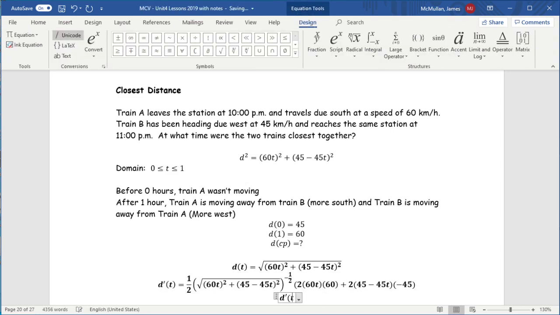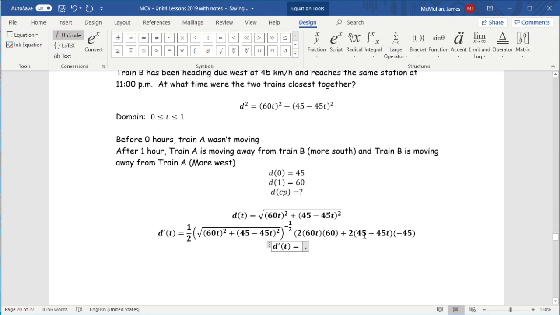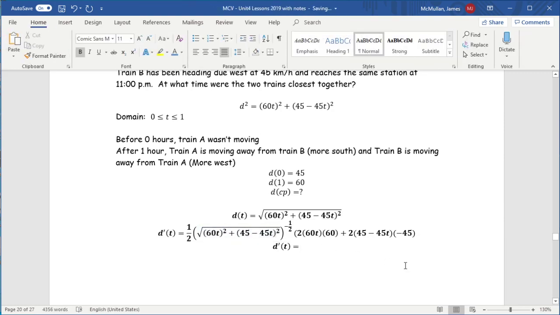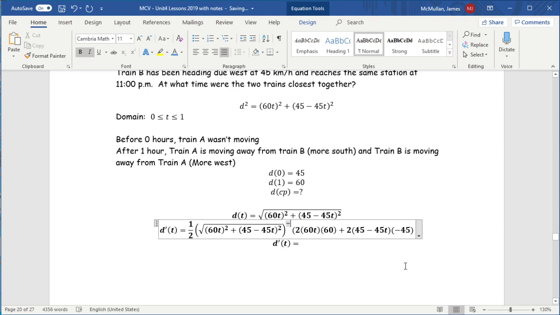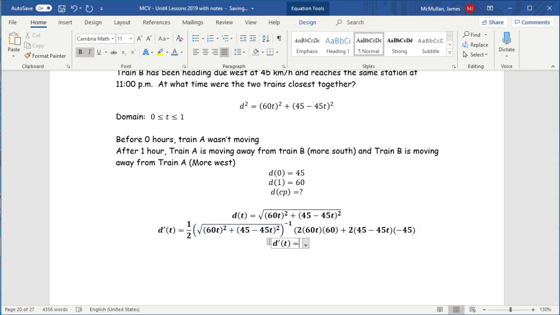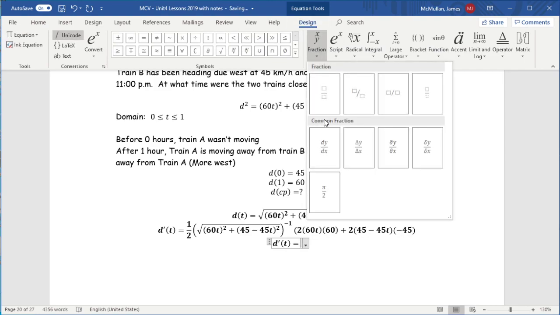Let's write this in a cleaner way. So we're going to get, this is in the denominator. Sorry, I don't need a negative 1/2 there, because I already have the square root. So just to clean this up a little bit, let's write what we know.